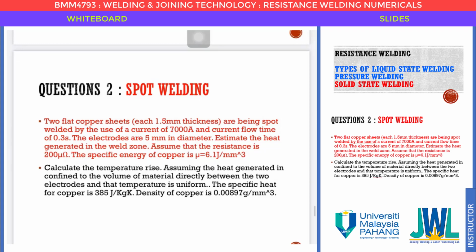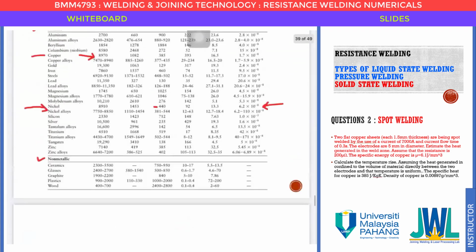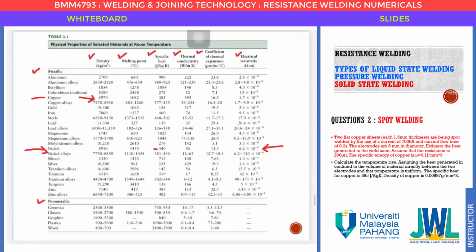So, you go to the table and you go and see for copper the density is 8970. The specific heat is 385 joules per kilogram Kelvin, and the melting point is 1082 degrees centigrade.